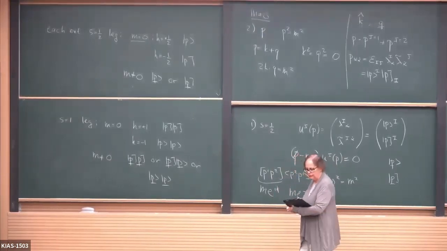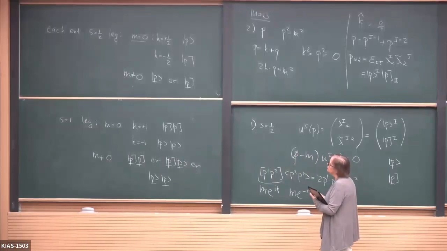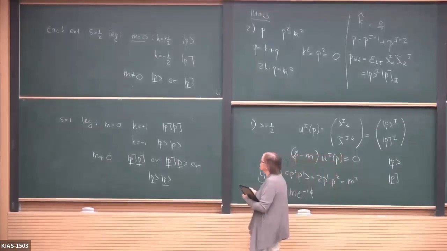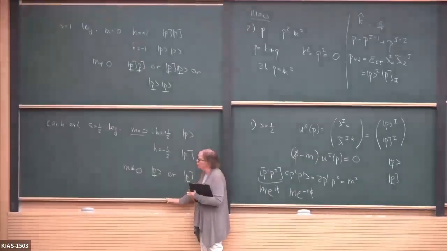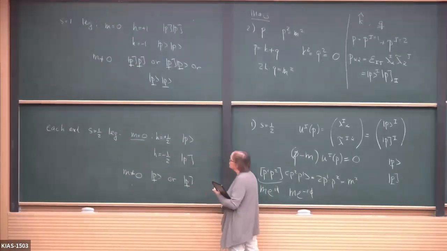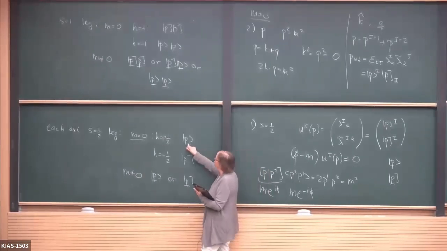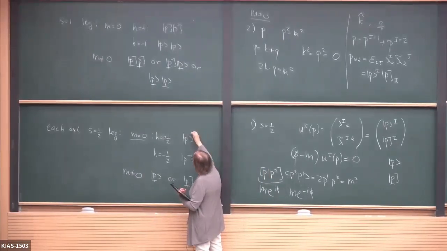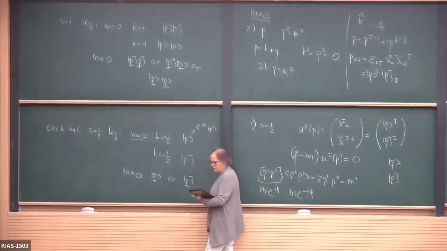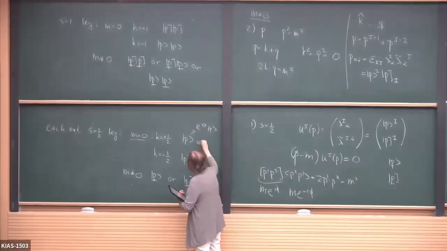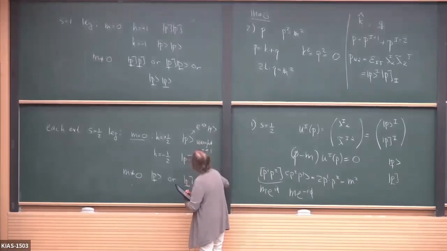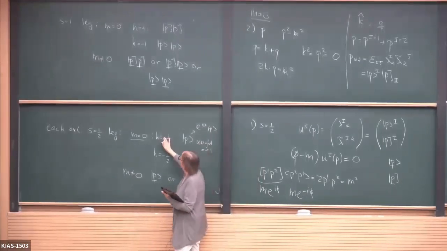Okay, so that essentially tells us that the amplitude carries some charge under the little group. In this case, for example, I can take p angle to e to the i theta p angle, as we said before. So here I'm assigning weight or charge equals plus 1. Actually, I see that I switched my notations.